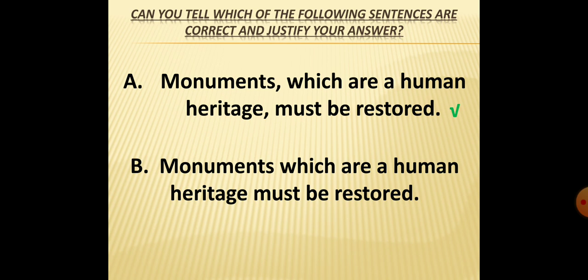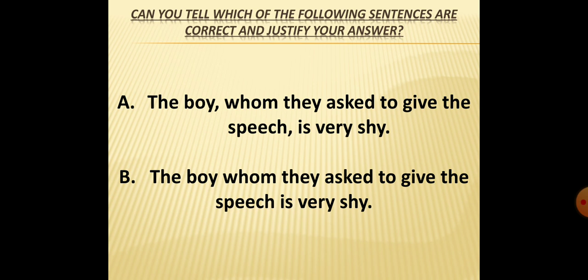Let's move to the second example. The boy whom they asked to give the speech is very shy. So here, which one is correct? Is it A or B? It is, of course, B, because here it restricts; it still tells us which boy.